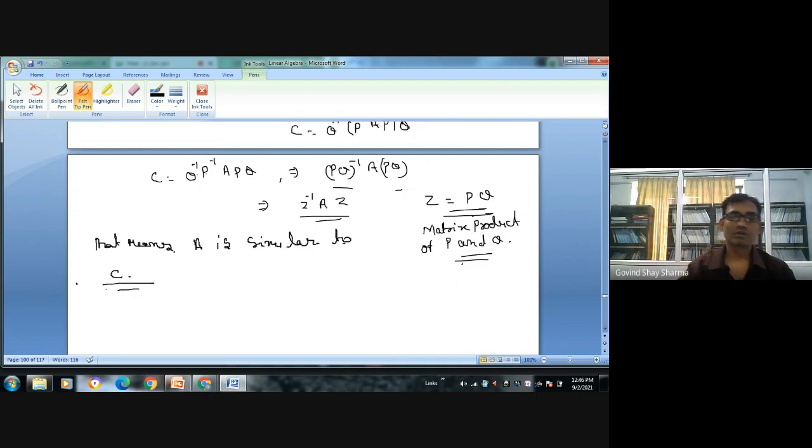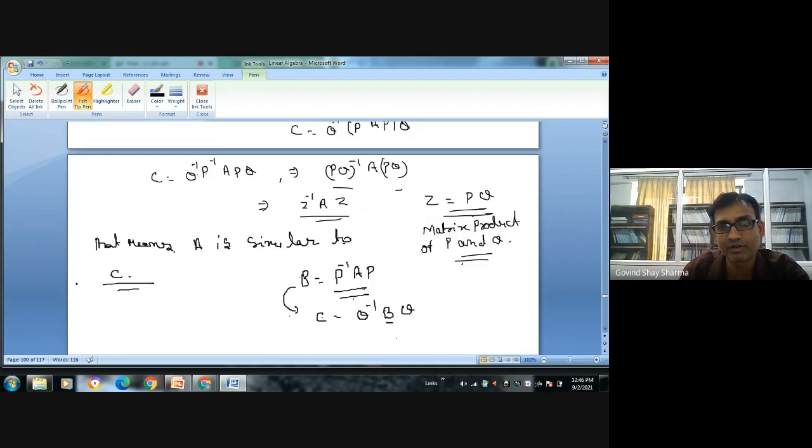Okay, students. So these three theorems we have done today. The remaining facts we will do in the next lecture. But I explain you again that similar means A similar to B or B similar to A. It can be written in this form. Okay. So now B is similar to C. So C can be written in the form of this.